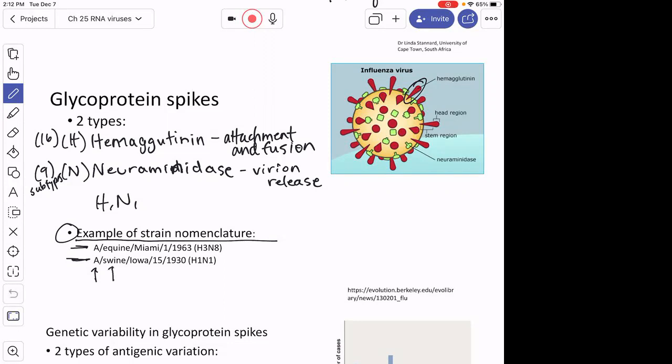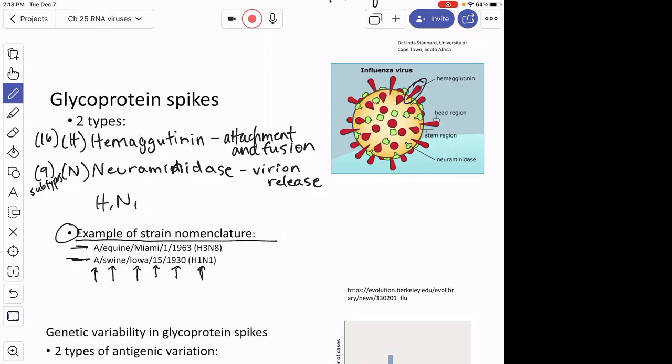Then the source of the virus, horse, pig, where it was first isolated, the year it was found, and then the hemagglutinin and neuraminidase forms, so H3N8 or H1N1.